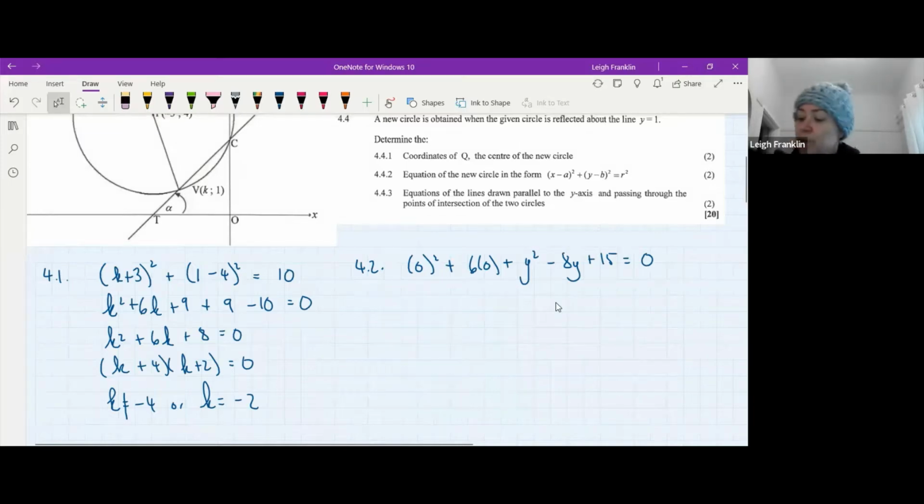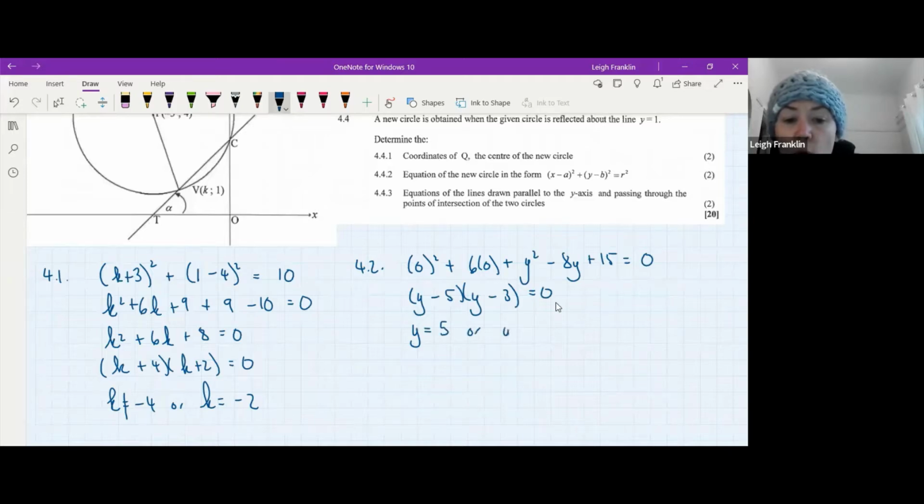Obviously those first two terms would become 0. Y squared minus 8y plus 15 we can factorize. So that would be (y minus 5) times (y minus 3) gives us 0. So either y is equal to 5 or y is equal to 3.